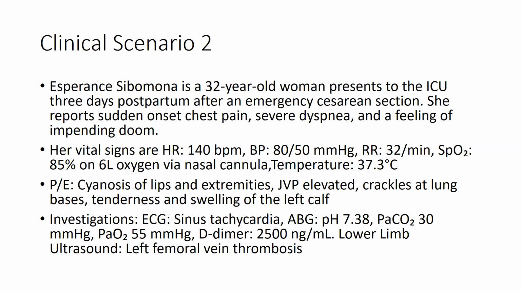On physical examination, there's cyanosis of the lips and extremities. JVP is elevated. There are some crackles at the bases, and tenderness and swelling of the left calf. Investigation: ECG sinus tachycardia, pH of 7.8, PaCO2 of 30, PaO2 of 55, D-dimer 2,500 nanograms per mL, and lower limb ultrasound shows left femoral vein thrombosis.